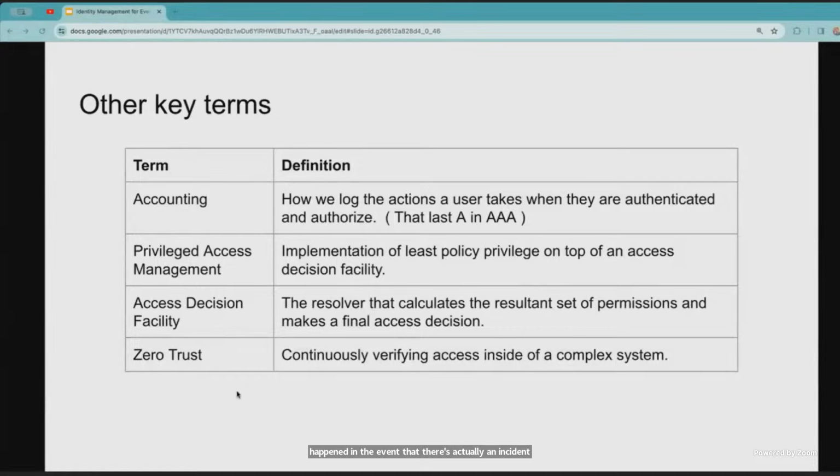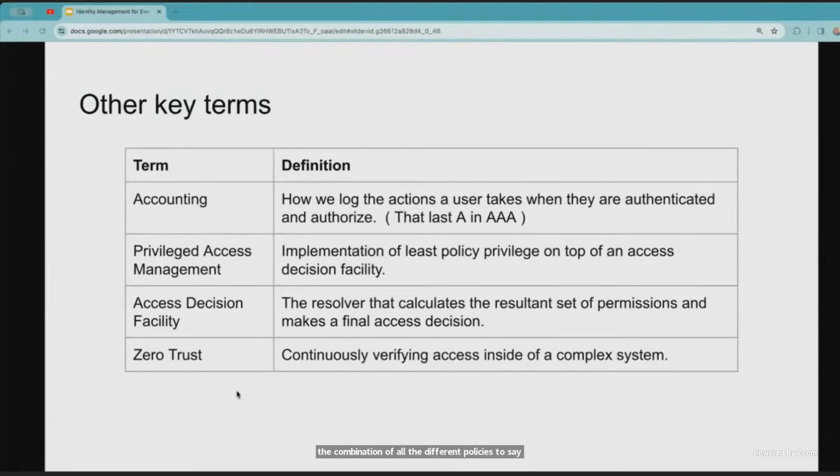To make matters a little bit more complicated, because identity and access management is hard, we have privileged access management, which is supposed to be a family of tools that help you get to a least privilege policy on top of an access decision facility. Then you have the access decision facility itself. And this is a term I think a lot of people aren't necessarily familiar with. It actually comes from one of the NIST frameworks, and it's just meant to reference how a cloud makes an access decision using the combination of all the different policies to say whether that access is allowed or denied.